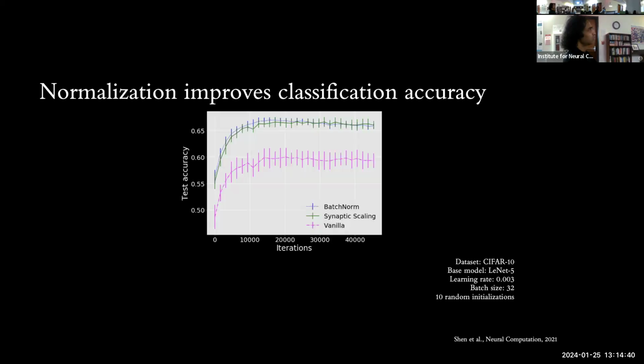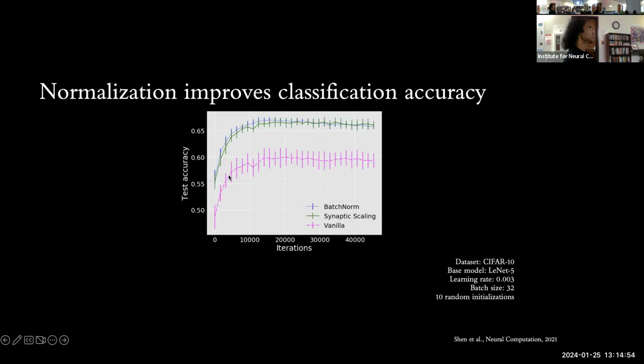So I'm going to demonstrate this with the dataset CIFAR-10, which contains 10 classes of real-life images, using the base model LeNet-5, and those are the parameters. And here you can see the results. So basically, you see both batch normalization and synaptic scaling perform much better than the vanilla model without any inserted normalization.